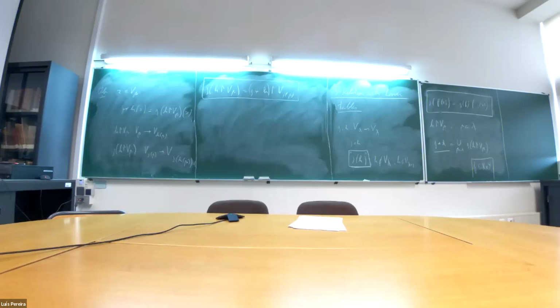If it's in lambda, it has an image by J. So this is a function from V beta to V H of beta, and if I apply J to it, I get a function from V J of beta to V J of H of beta. Makes sense?